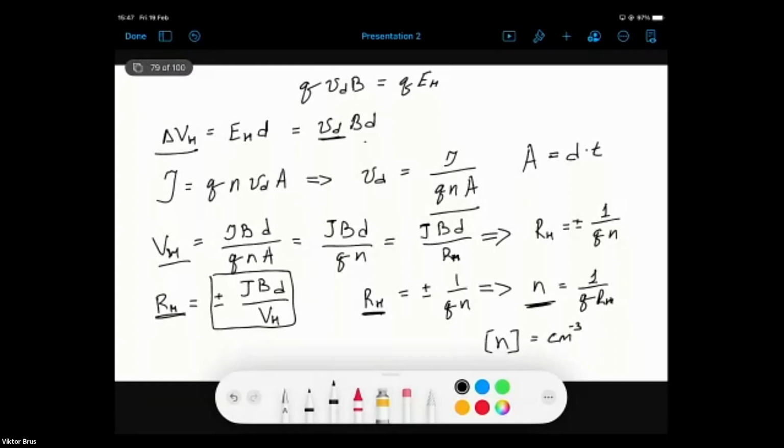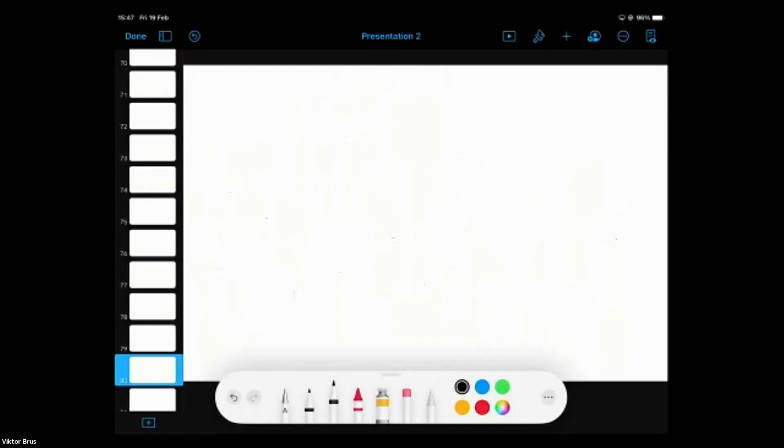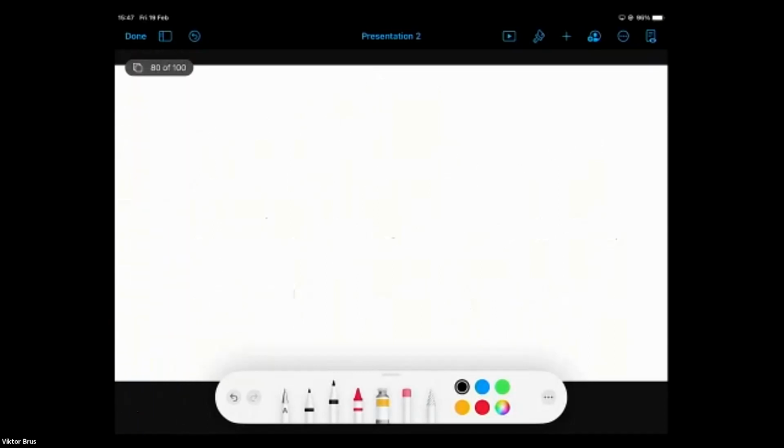This is the first very important step required in the analysis of results obtained from measuring the Hall effect. And already we got one of the key parameters we want to know. So now there still remains the mobility of charge carriers, which we don't know.